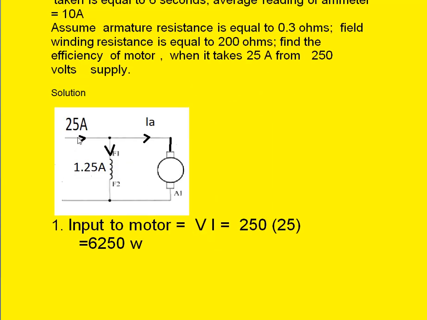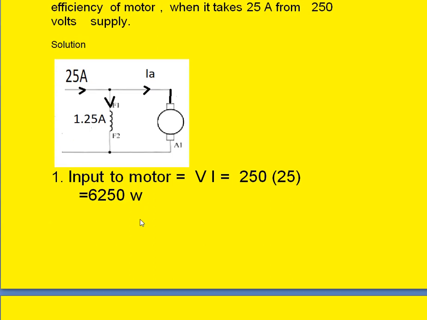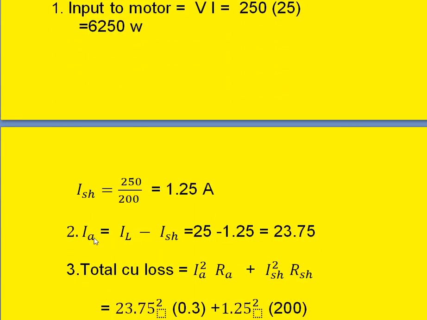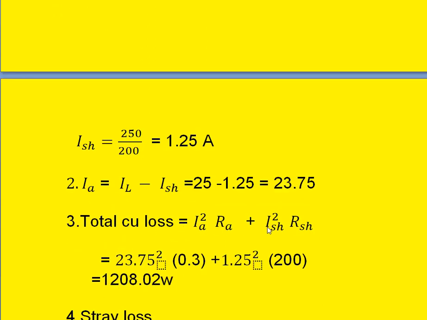We know the input current and the field current. Applying KCL, we get IA. IA is nothing but IL minus ISH. That is 25 minus 1.25, then we get 23.75 amperes as the armature current under these conditions.